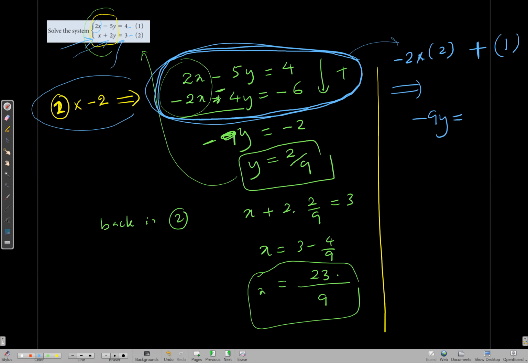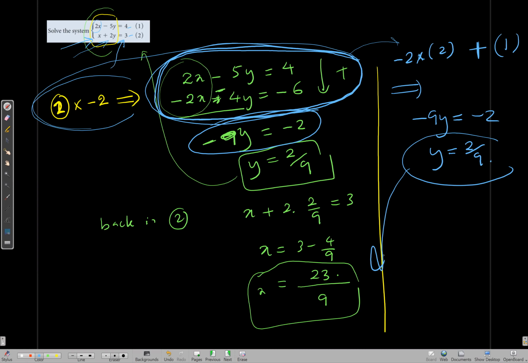Negative 2 times 3 gives negative 6, and when you add negative 6 and 4, you get negative 2. See, without writing out all these steps, you can just do it like that if you are comfortable, and then continue with the remaining steps.